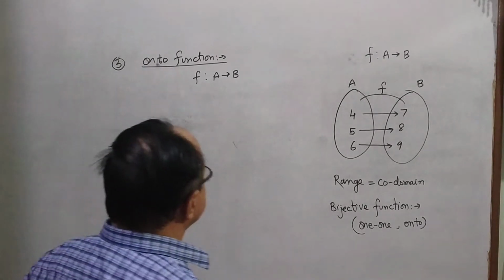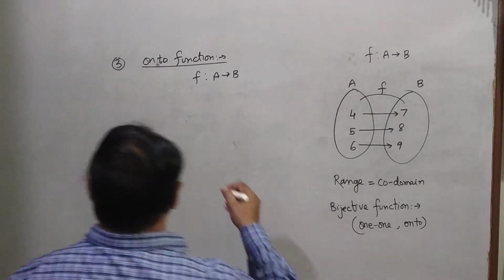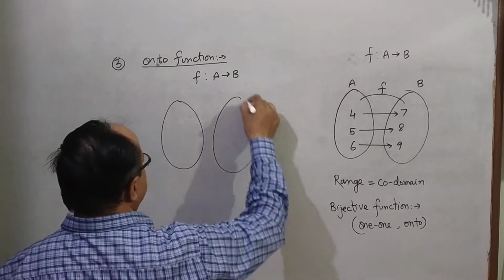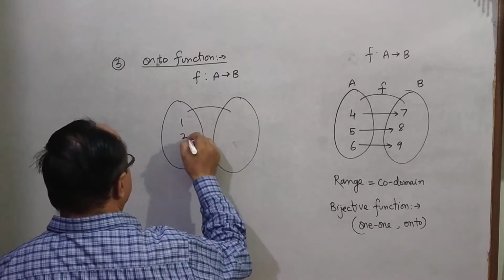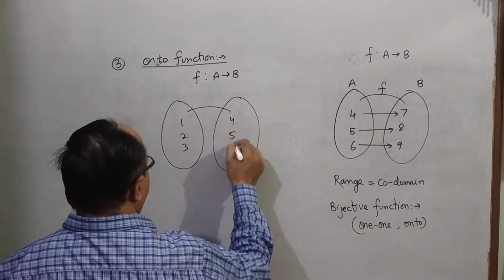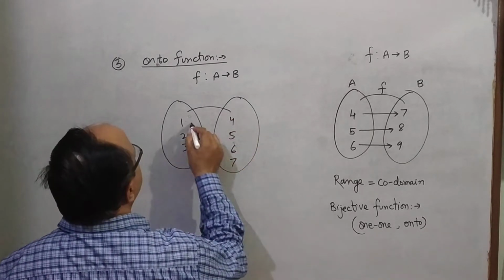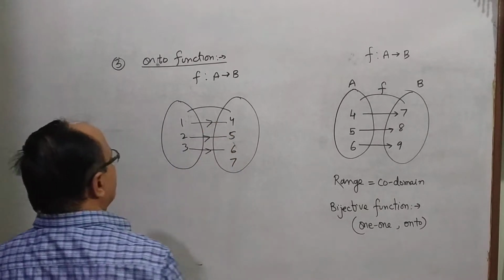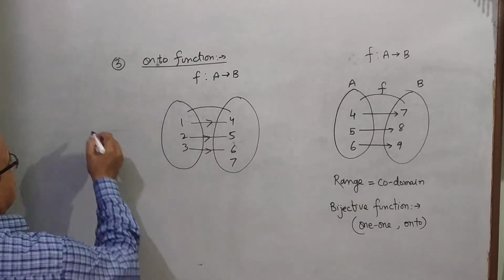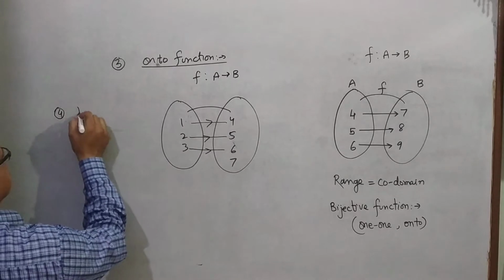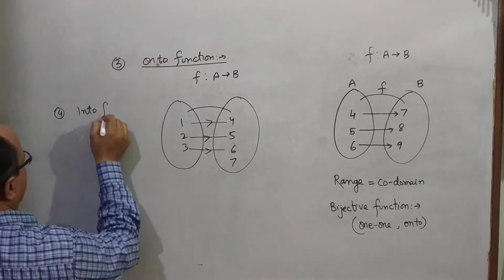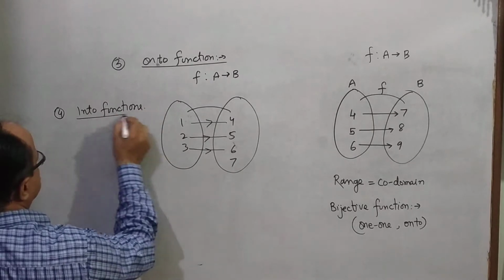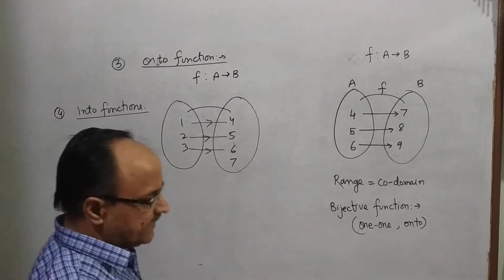And you know that if the function is not onto, with elements 1, 2, 3, 4, 5, 6, 7, then it is called an into function.